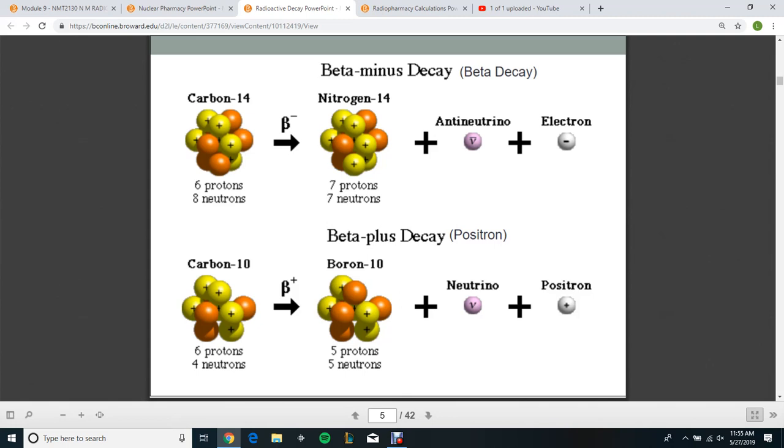Next we start at carbon-10 for a beta plus decay, for a positron. The carbon-10 has 6 protons and 4 neutrons, and then the beta plus turns it into boron-10, which has 5 protons and 5 neutrons, and that sends out a neutrino and a positron.